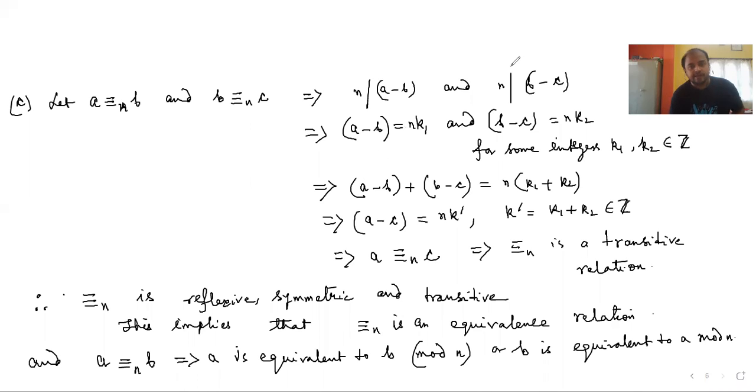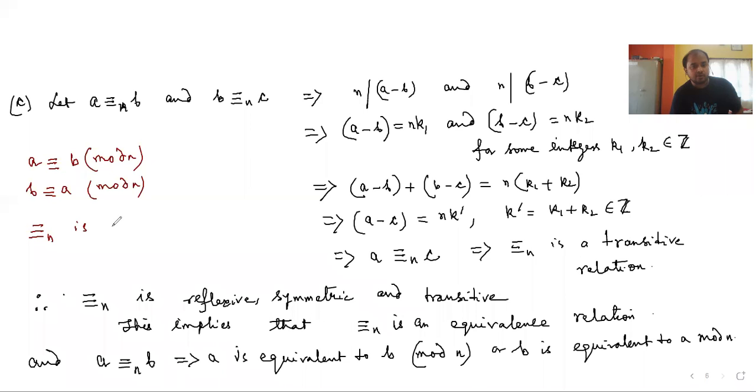It is also written sometimes as a is equivalent to b mod n, or b is equivalent to a mod n, whatever.